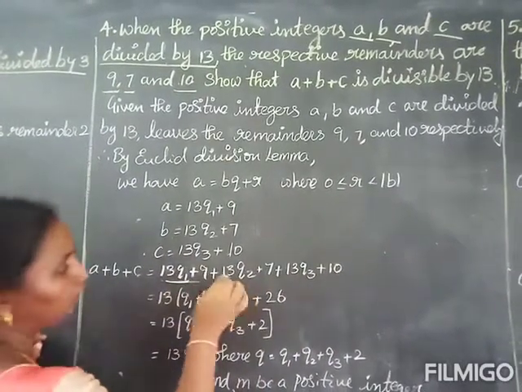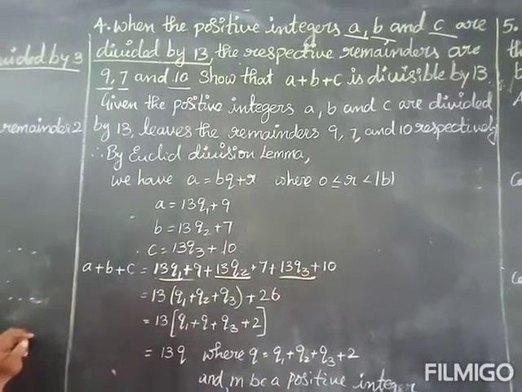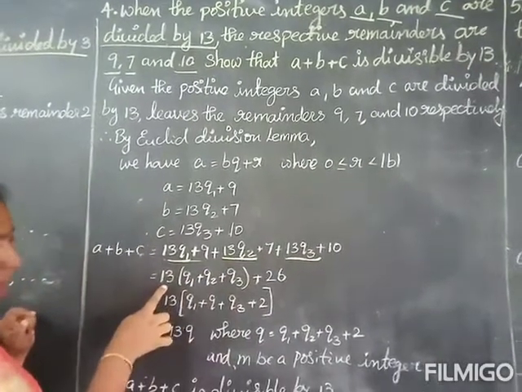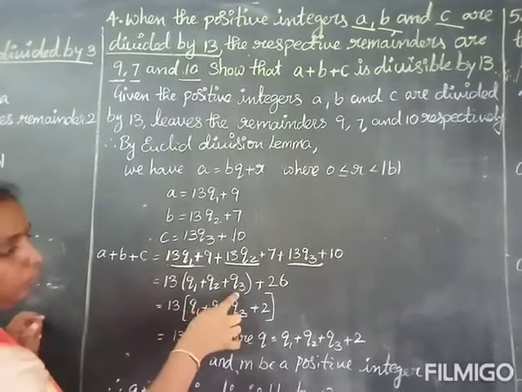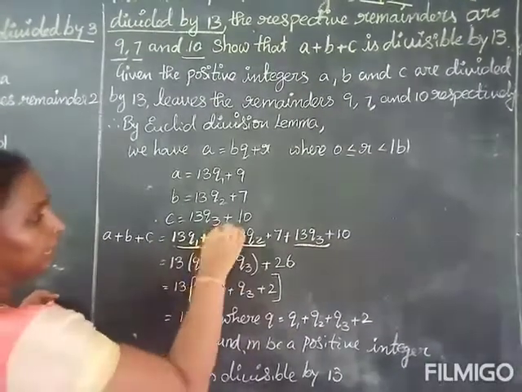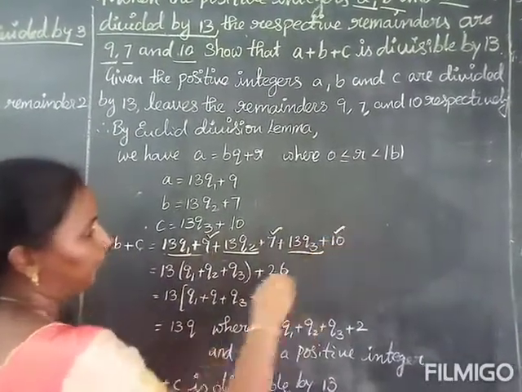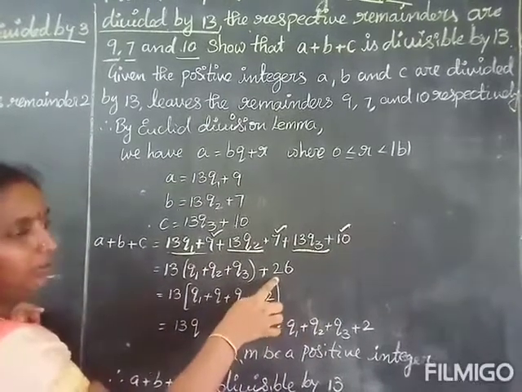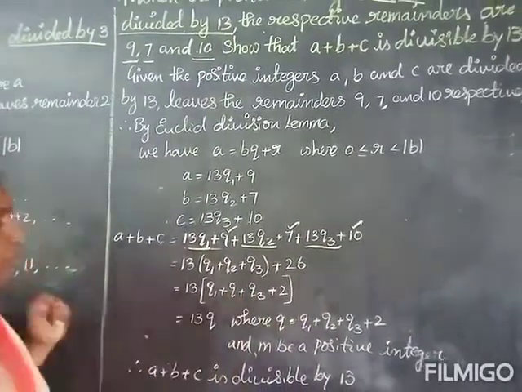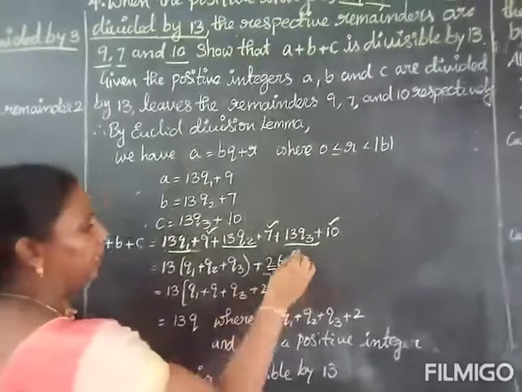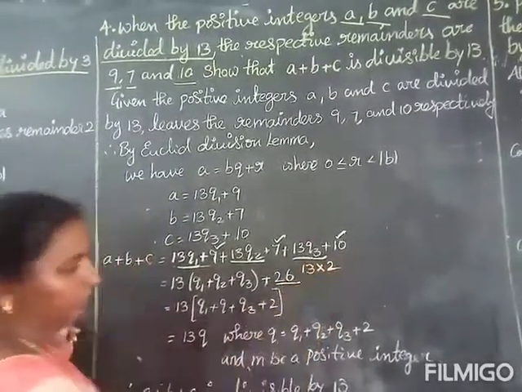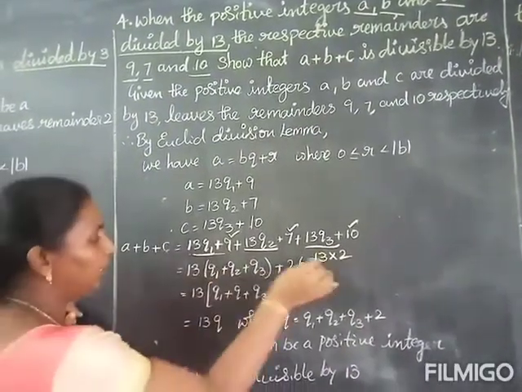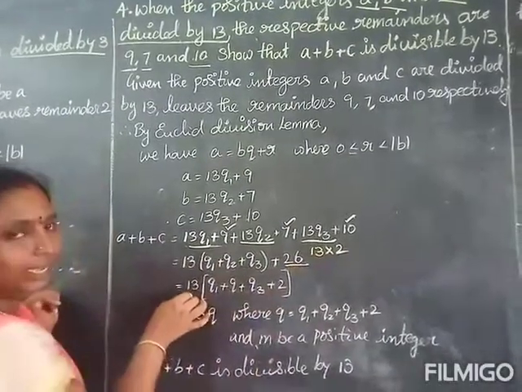So in 13q1, 13q2, 13q3 you can take 13 as common. So I can write 13(q1 + q2 + q3) + 9 + 7 + 10. Add these three numbers, you will get 26. This 26 can be written as 13 times 2, isn't it? So in both of these you can take 13 as common.